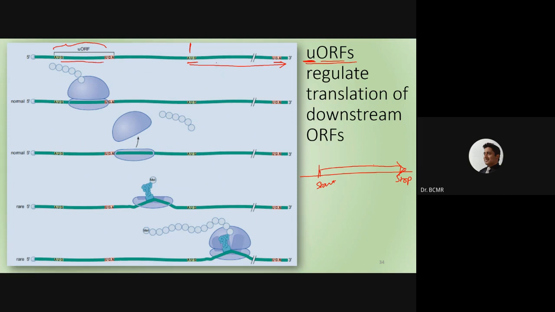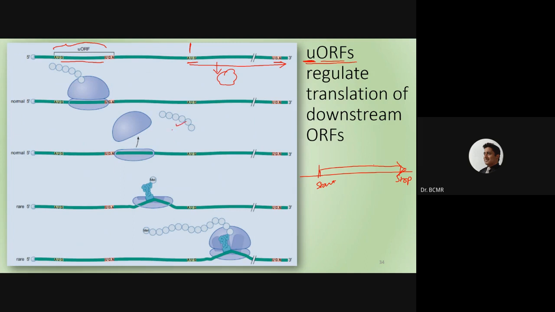The second open reading frame, which is downstream, is the actual one that produces a functional or structural protein. The product of the upstream open reading frame doesn't have as much function.